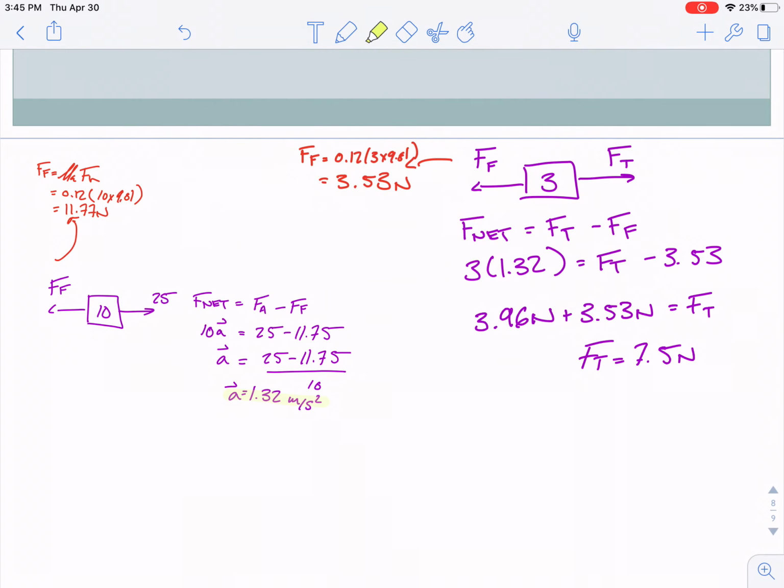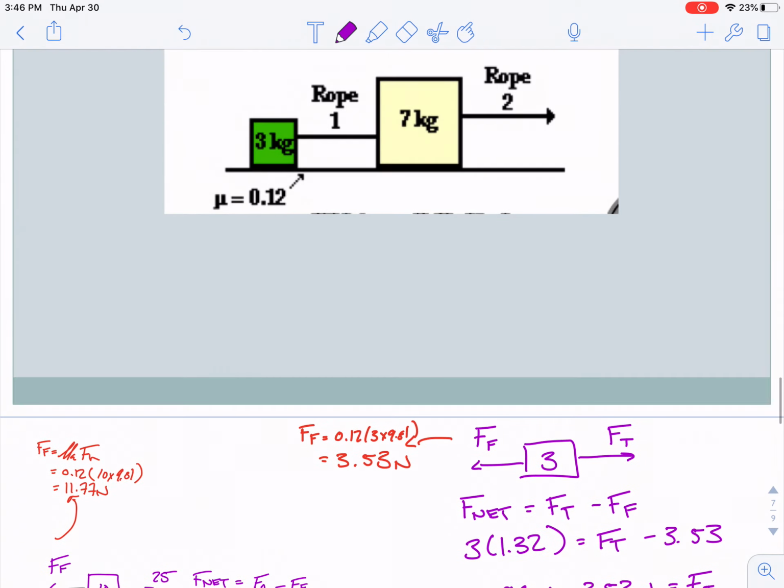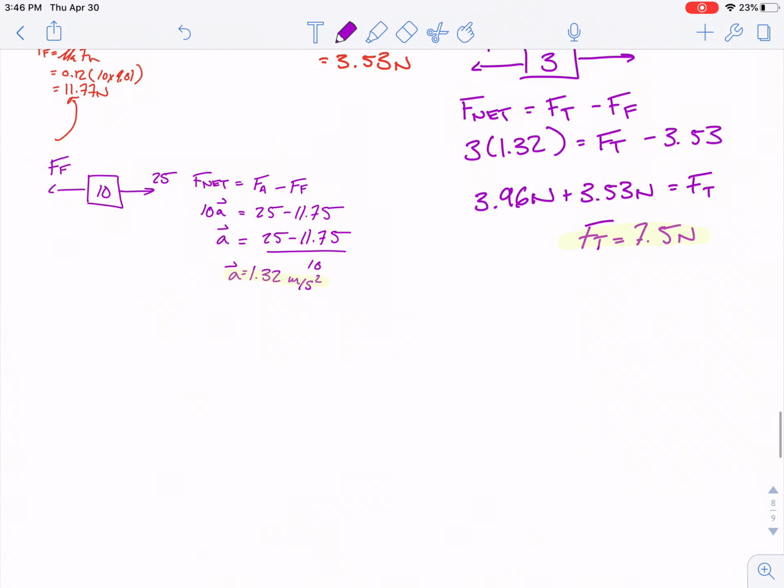And once again, we can double check this answer by looking at the 7 kilogram block. That 7 kilogram block has this FT on it, also has FF on it, and then has this 25 newton force on it.